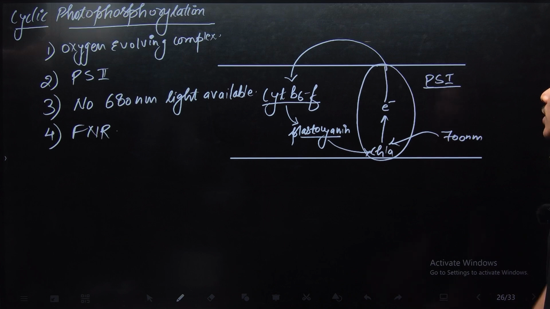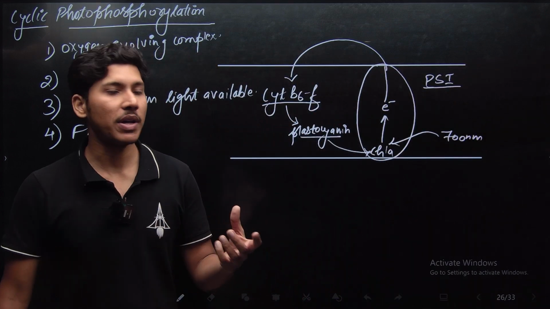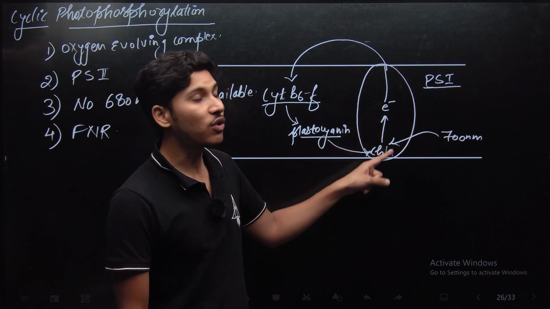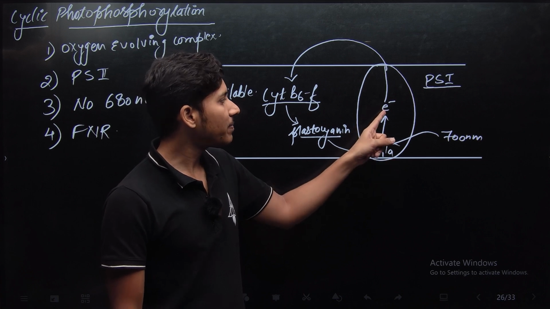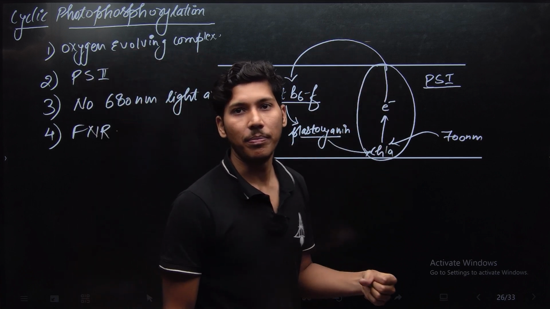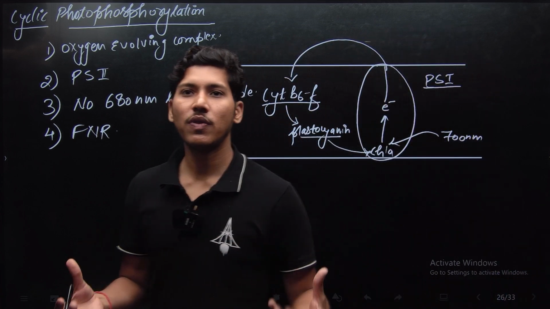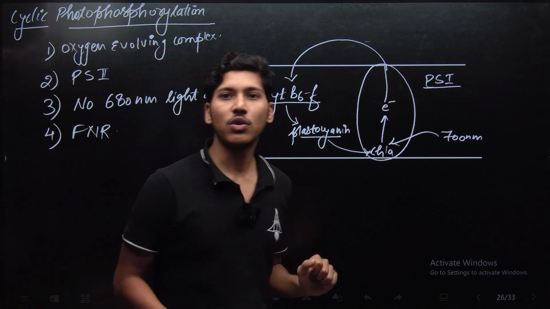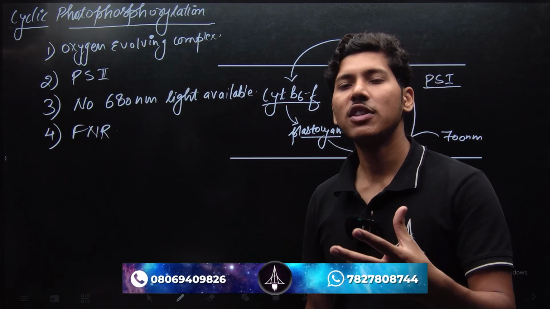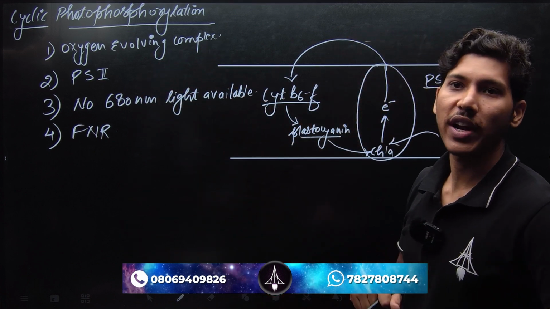Then only PS1 is remaining, and at that time cyclic photophosphorylation happens, in which 700 nanometer light excites an electron from the chlorophyll A of PS1, which is cycled back again and again in this system. This is the manner in which PS1 acts alone in cyclic photophosphorylation.